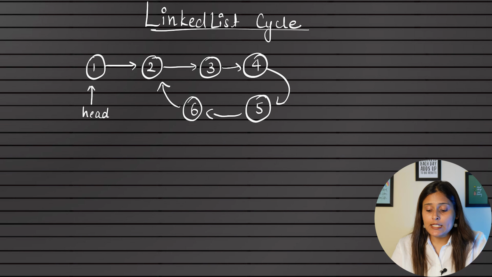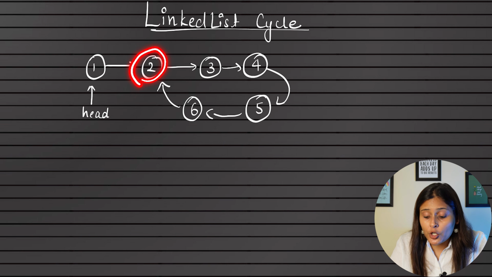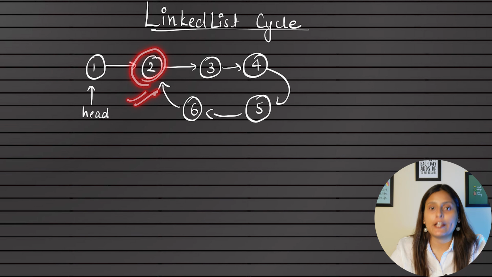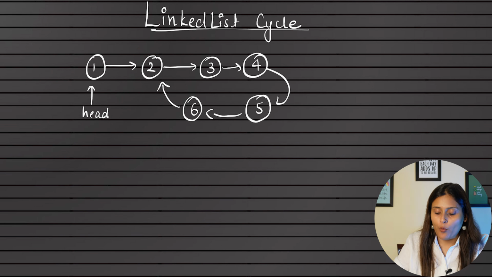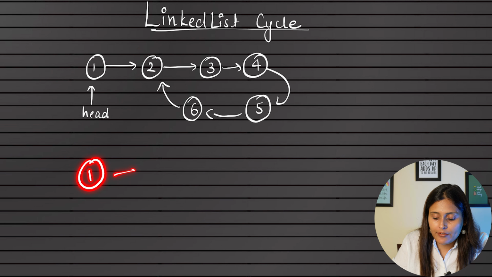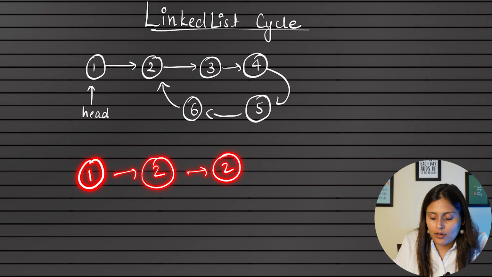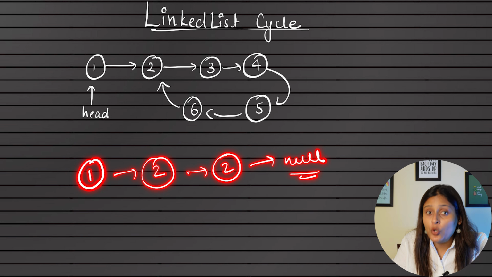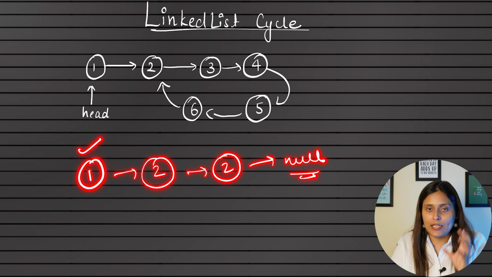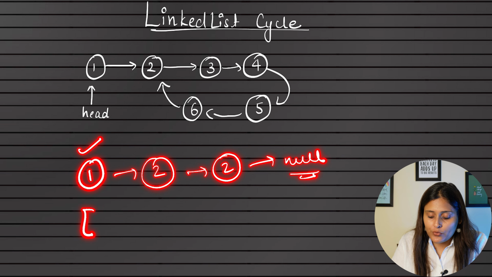Now the question is, do we need to store the node or do we need to store the value? Obviously node. Why? Because suppose we have 1, 2, 2 and null. As you can see there is no cycle present. But if you save the value in your storage, let's say a HashSet, so if you store 1, okay, if you store 2, okay.